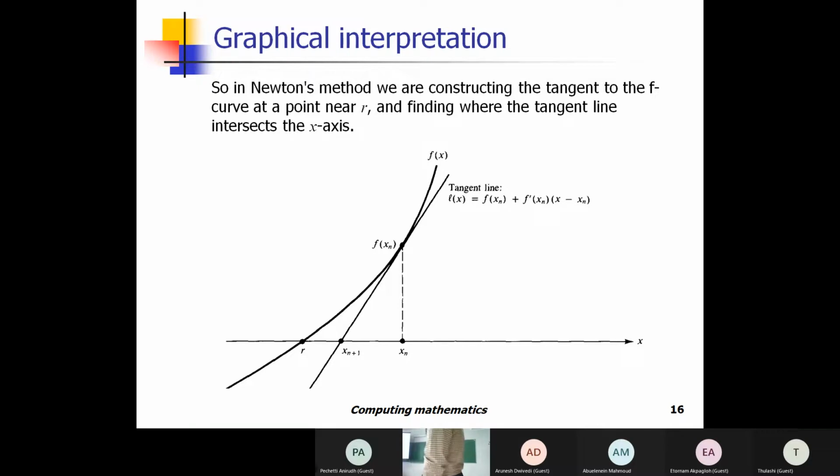I think this picture illustrates that the next point will be closer to the root than the previous one. Closer, closer, and closer. This is the graphical interpretation of the Newton method.